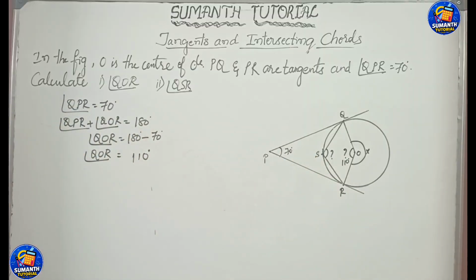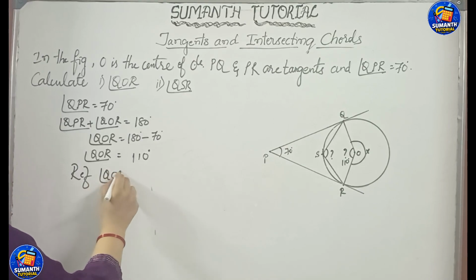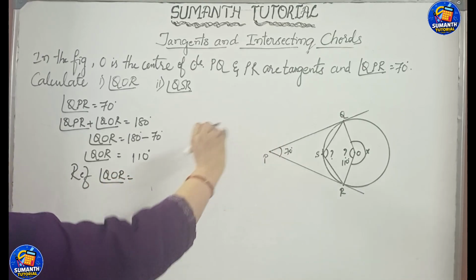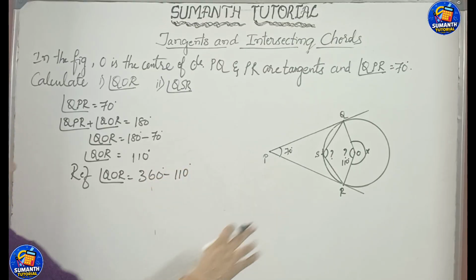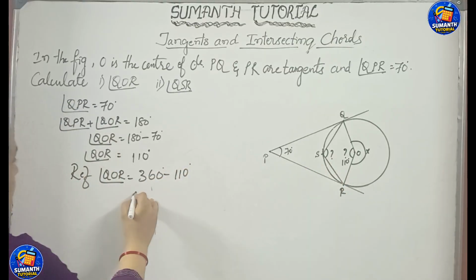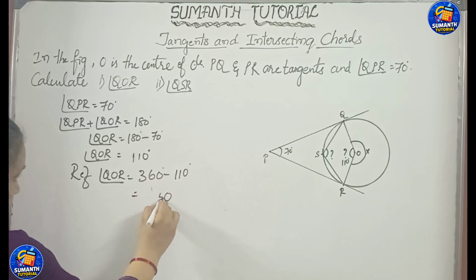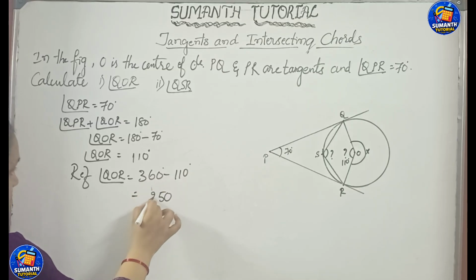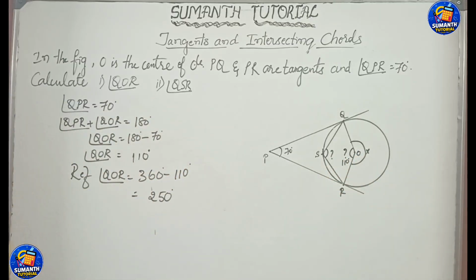So, by that, how to write it: the reflex angle QOR is equal to, what is the total angle, children? That is equal to 360 degree minus 110 degree. The internal angle is how much? 110. So this is equal to 6 minus 1 is 5, 3 minus 1 is 2. So we got this angle is how much? 250 degree. In the last class I explained this one also.